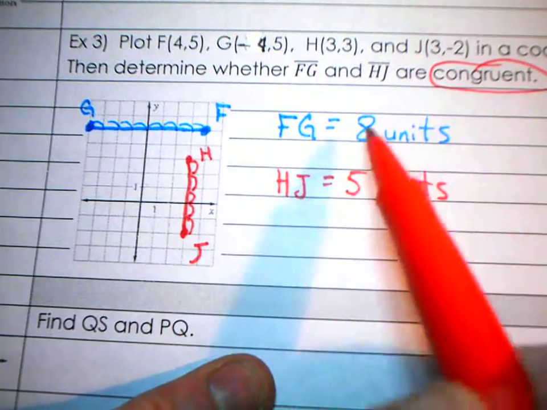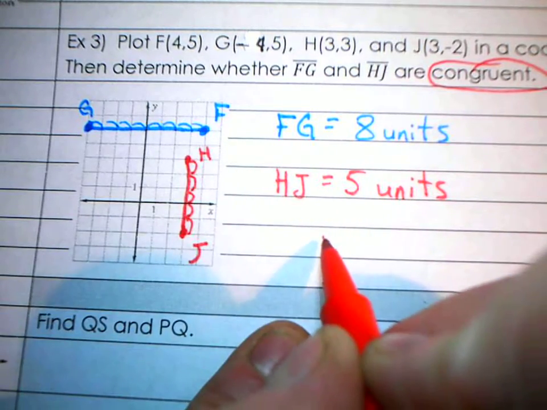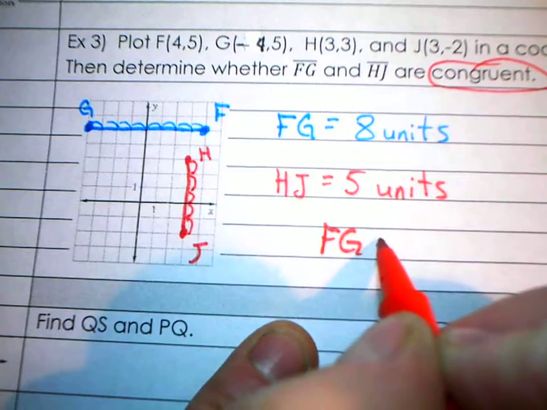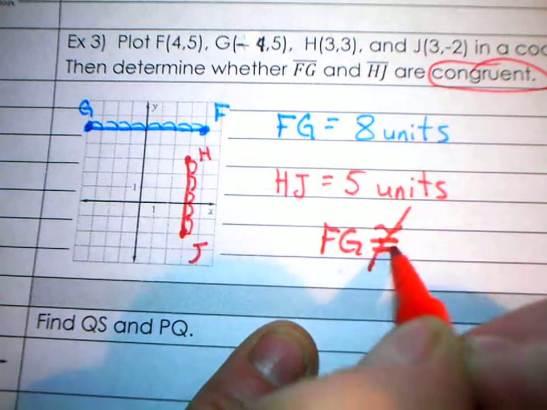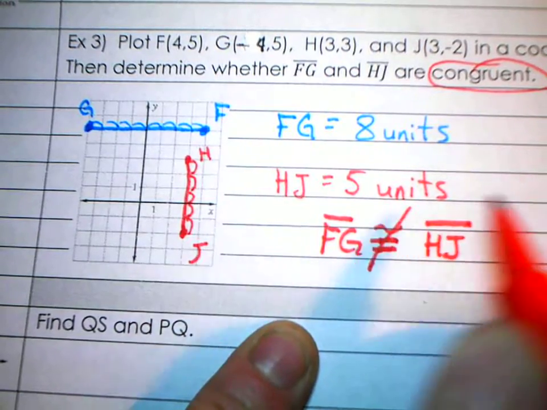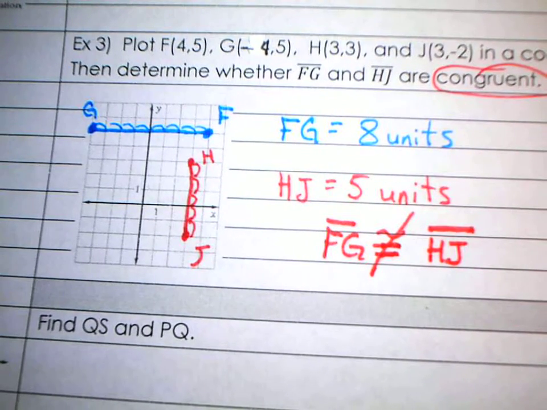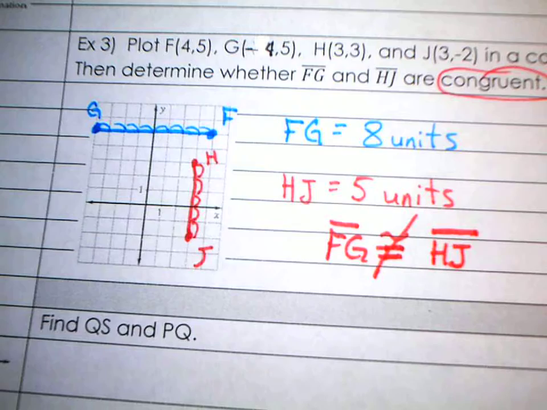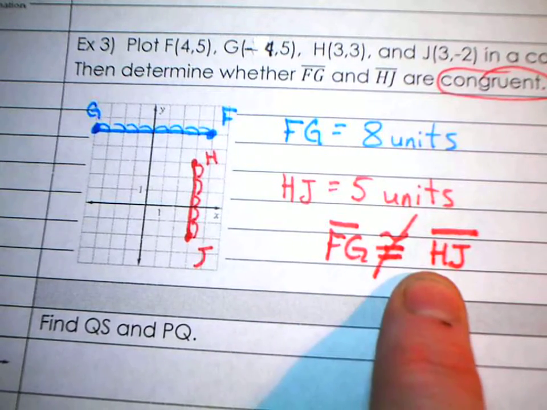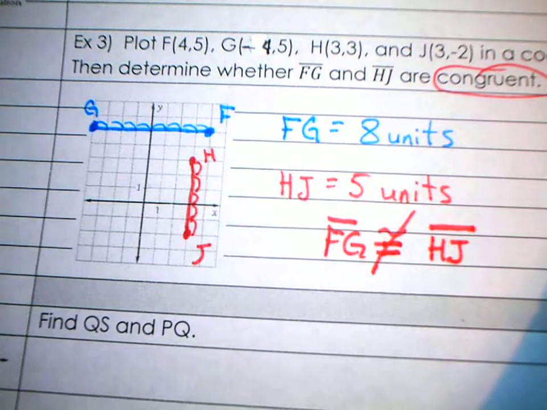Well, to be congruent means their lengths have to be exactly the same, and since one's 8 and one's 5, FG is not congruent to HJ, and I have to put the symbol for segments when I use congruence. When I set things congruent to each other, it is not setting them equal to numbers, it is setting them congruent to geometric shapes.